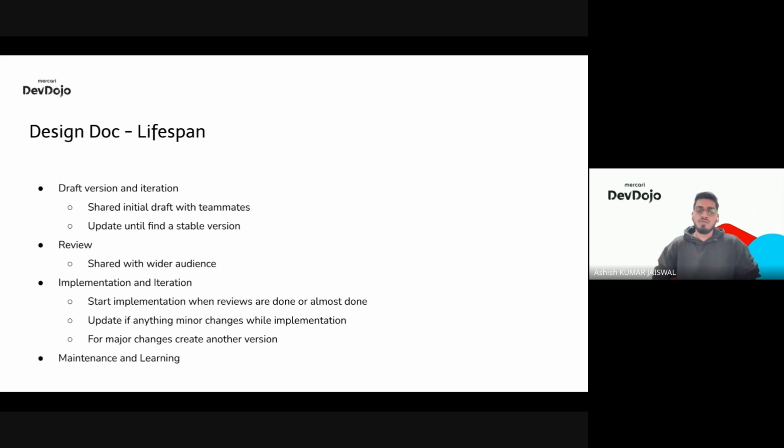One example is that the design doc can also be referred to even after the whole development is done. Suppose there is a feature for which we have completed the development and design, but in future we might want to add something on top of that feature.